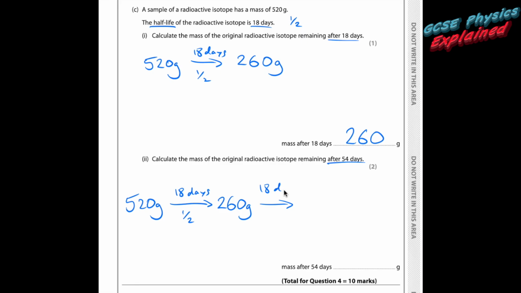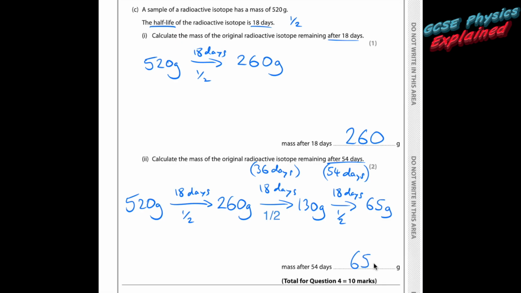Another 18 days, so that's 36 days in total. It's going to half again, so that's 130 grams. And then we still haven't reached the 54 days, so another 18 days, so that's the 54 days in total now. It's going to half again, so that'll be 65 grams.